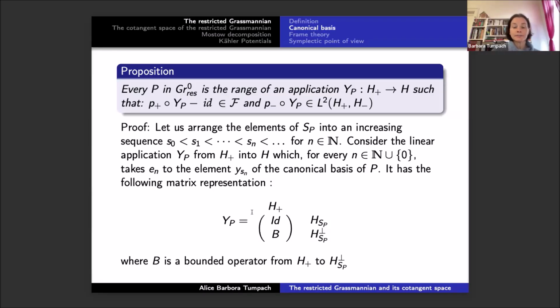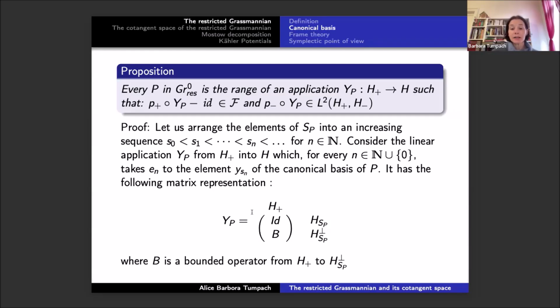And so the linear operator YP from H plus to H will take an element En of the basis to the nth element of the canonical basis of P. So En will go to Y sub Sn.